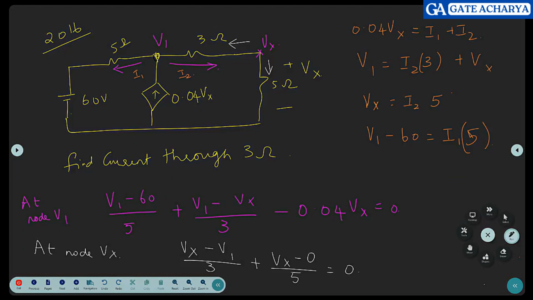So that's how I got this one: V1 minus 60 will be 5 into I1. I guess I got everything right. Is there anything else we need? We are only interested in I2. Does it serve the purpose, or is it just extending all these things?